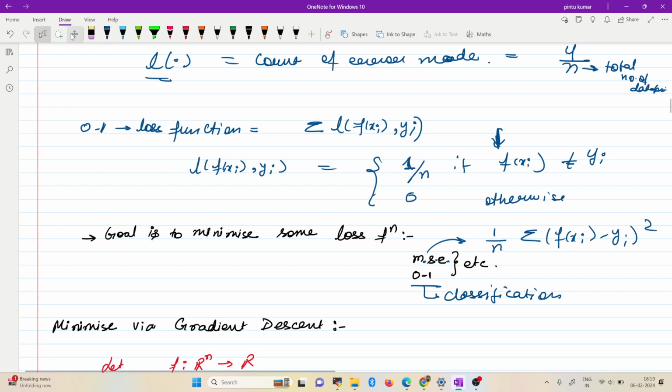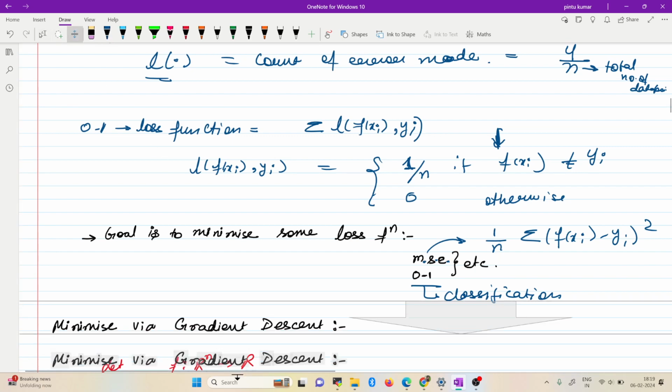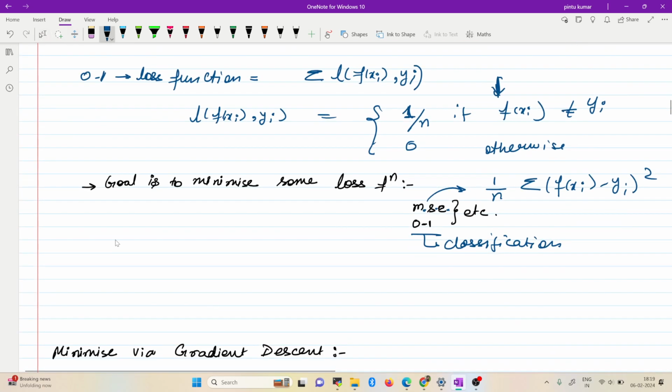Okay, so again we'll just go back to where we started. Let's say we had some training set. Now for that particular training set, initially you don't know what line or what curve will separate your data points. What you will do is take some arbitrary values for your weights.